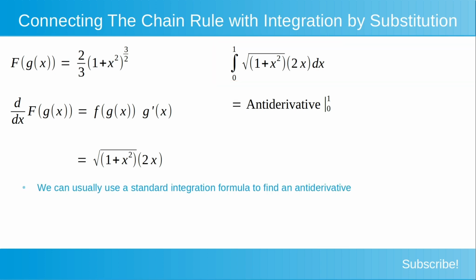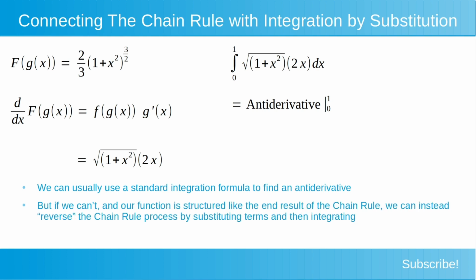We can usually use a standard integration formula to find an antiderivative. But if we can't, if the function which we are integrating does not match up with any of our standard integration formulas, and if our function is structured like the end result of a chain rule differentiation calculation, then we can instead reverse the chain rule process by substituting terms and then integrating.